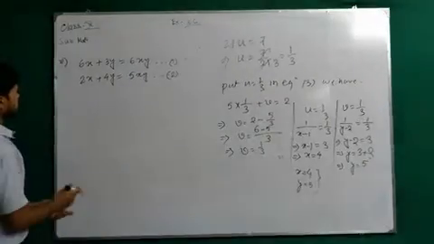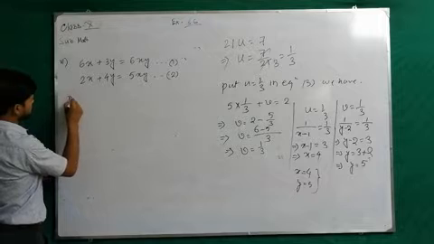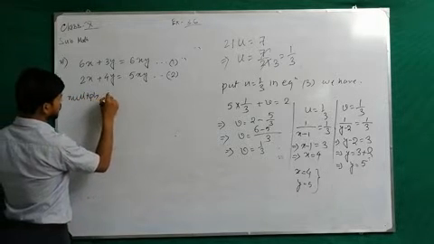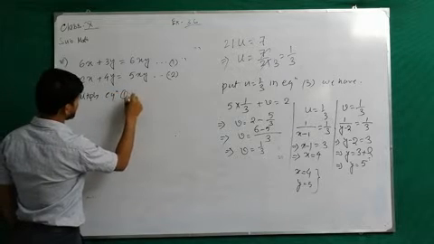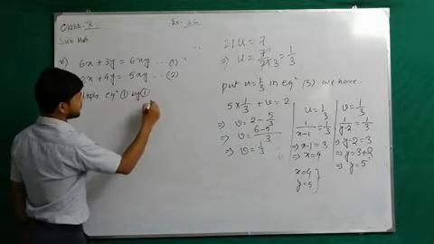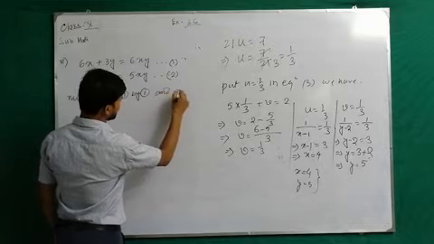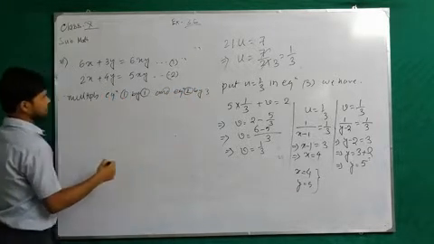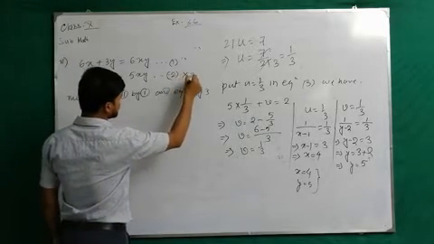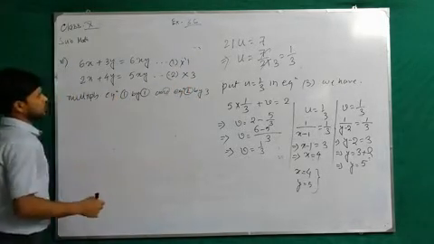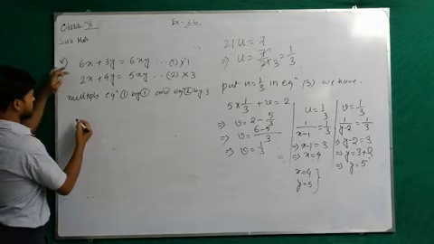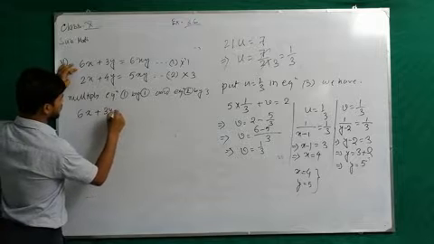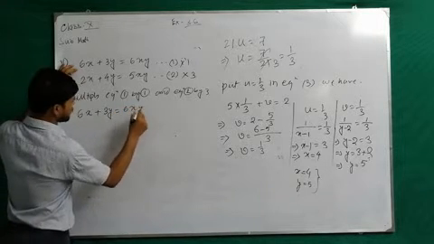Okay. So if we multiply equation 1 by 1 and equation number 2 by 3, means we are multiplying this equation by 3 and this equation by 1, then what happens? 6 into 1, that is 6x plus 3y is equal to 6xy.